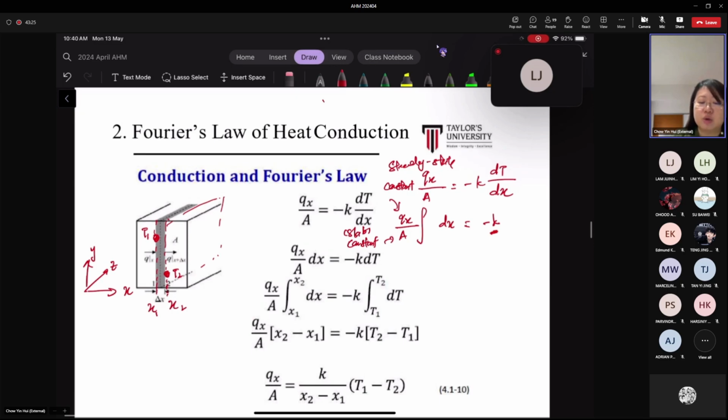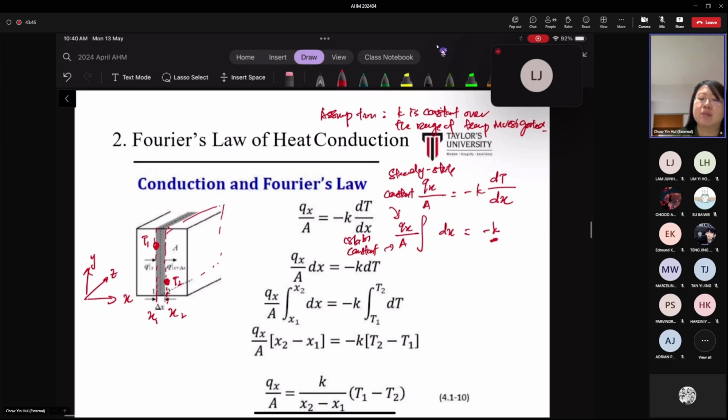Usually, as you recall, we assume that k is constant over the range of temperature investigated, because thermal conductivity is actually affected by temperature, but this is a safe assumption. Then k is constant, and we integrate with respect to temperature.